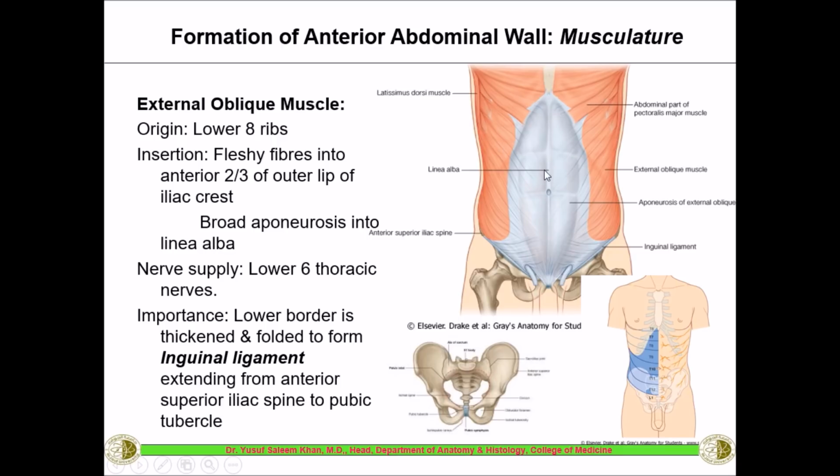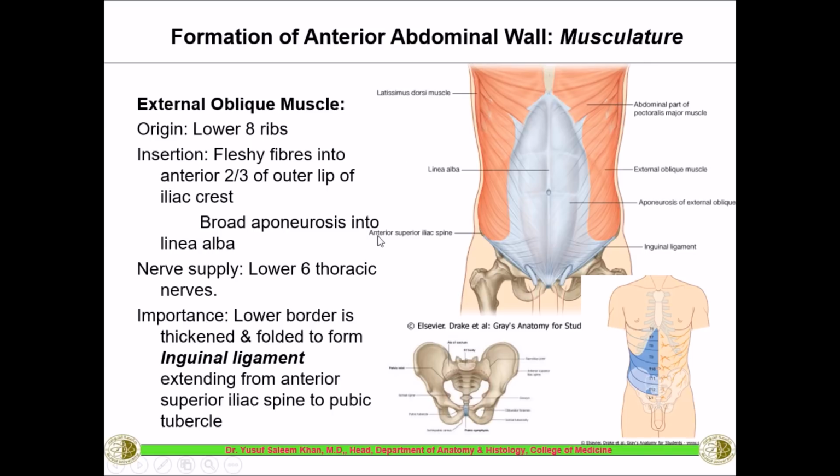Linea alba is a midline structure. It is nothing but a line formed by the fusion of both the aponeuroses from either side, and this is whitish in color, and it extends from the xiphoid process up to the pubic crest here, as well as the pubic tubercle. So this whole line is called the linea alba.